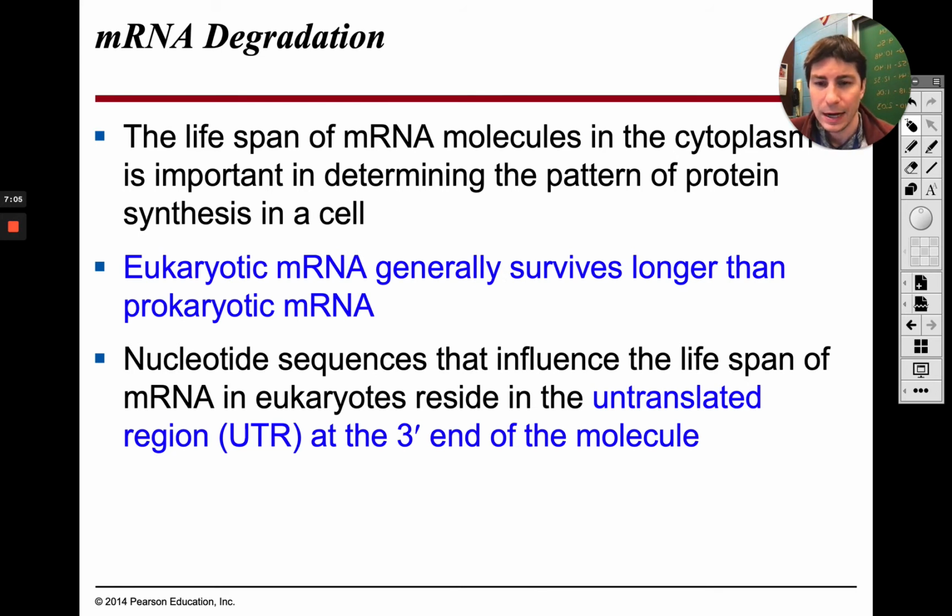But after a while, what we can do is we can degrade the mRNA. All right, so in our mRNA, there is an area at the 3' end, right? It's an untranslated region. So we can have that, and that'll tell us, okay, how long are we going to use this mRNA before it does get degraded?